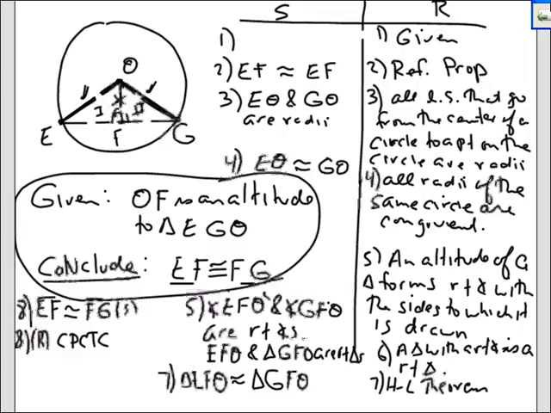Well, they're the third side of a right triangle. They are in between. EF is in between the angle with no slashes and the right angle. FG is in between the side with no slashes and the right angle. So they are corresponding.